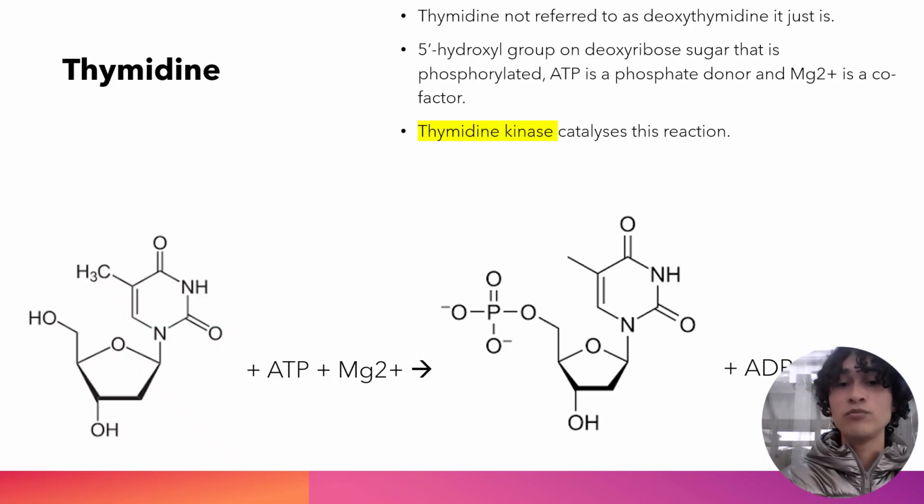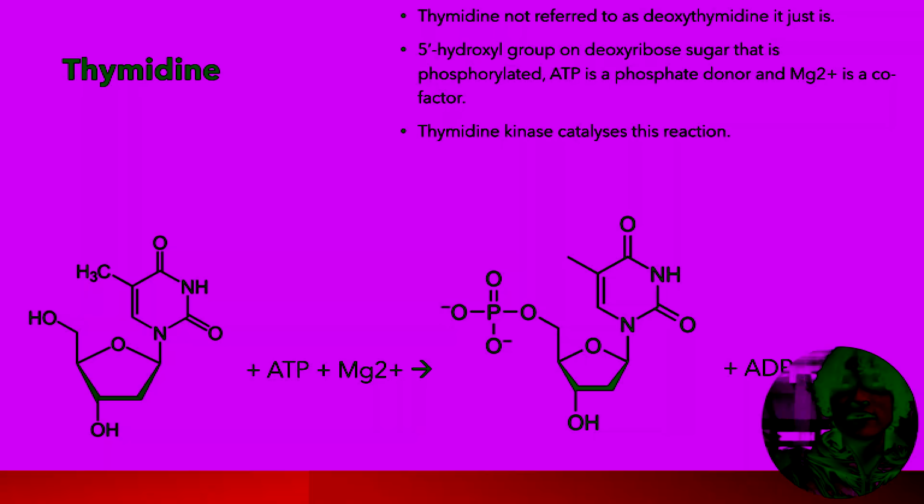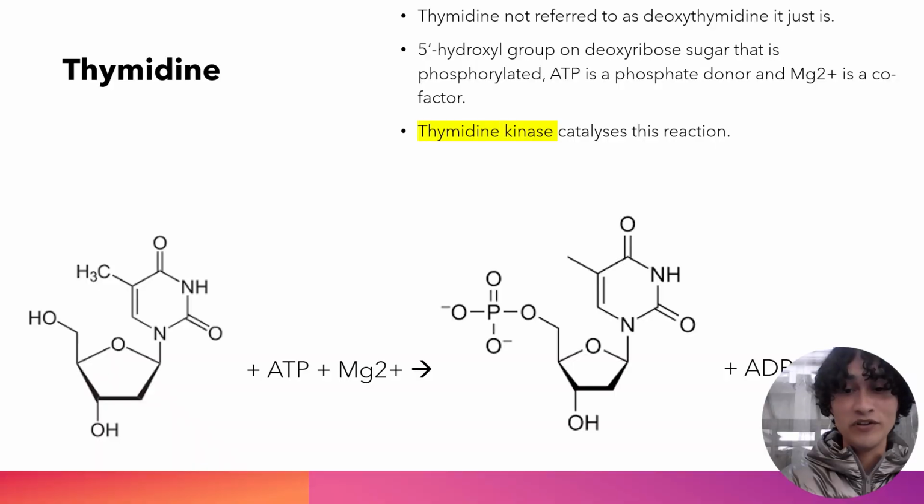Now, I just want to specify something that's quite important here. You notice that the other nucleosides were referred to as deoxy, whereas thymidine isn't. Now that doesn't mean the pentose sugar that bonds to the thymine nitrogenous base is a ribose sugar. It's still a deoxyribose sugar, but because thymine isn't present in RNA, it's just assumed that it doesn't exist in that form, right?